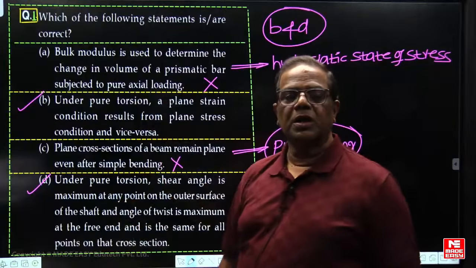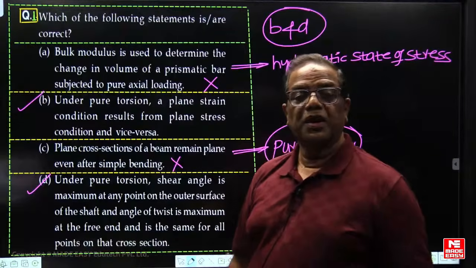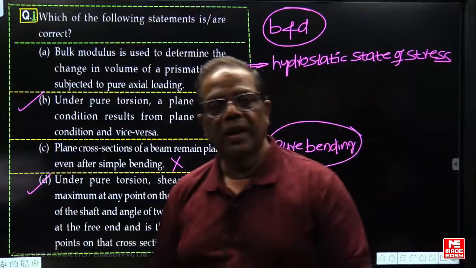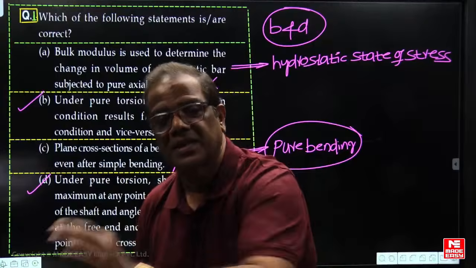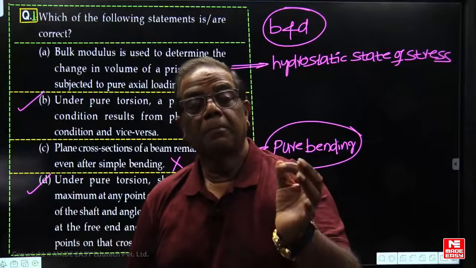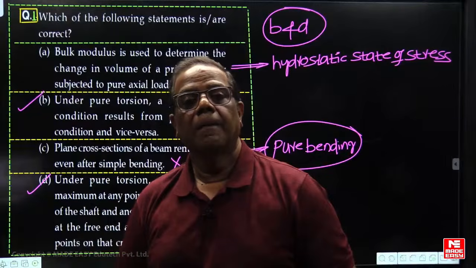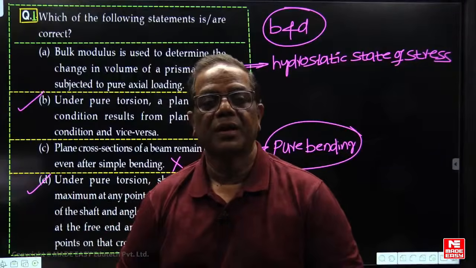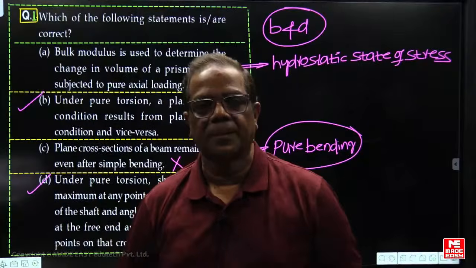Under pure torsion, sigma x is 0, sigma y is 0. When will plane stress condition result in plane strain condition, and vice versa? This statement is correct under a pure shear state of stress.